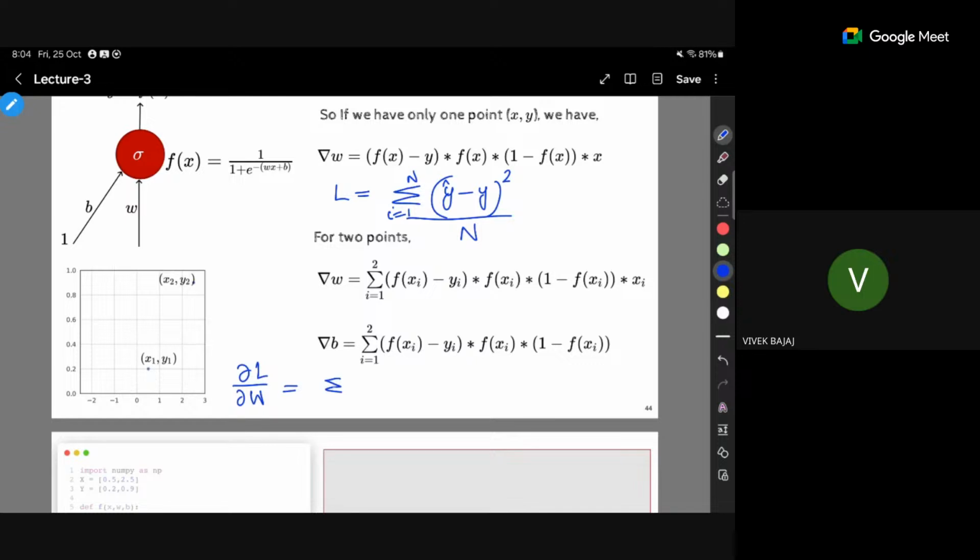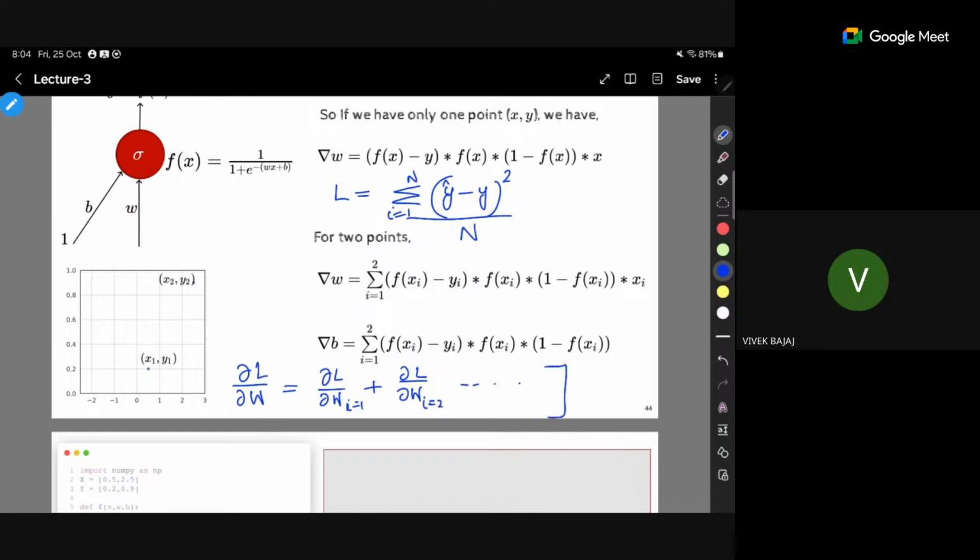Yeah, kind of, but not. So you will have dou L by dou W, but for the first point, that is i equal to 1. Then you will have the same thing for i equal to 2, and so on.